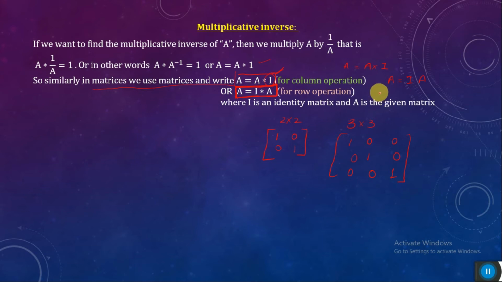And when you are using column operation, you will not use row operation in that. If you are using row operation, you will not use column operation in that. Here I is the identity matrix and A is the given matrix.